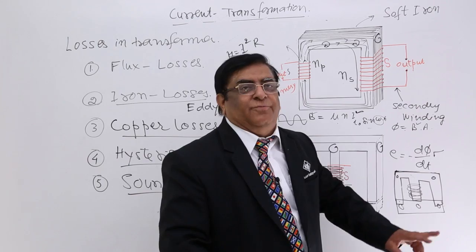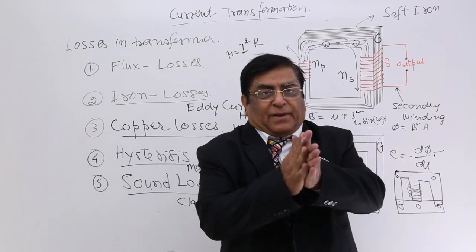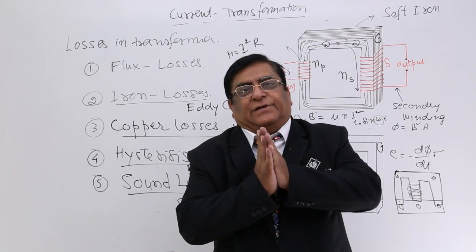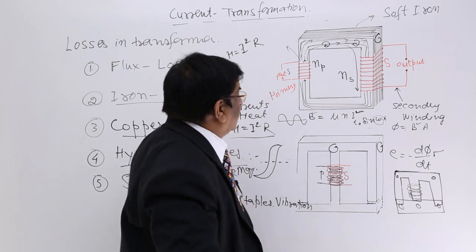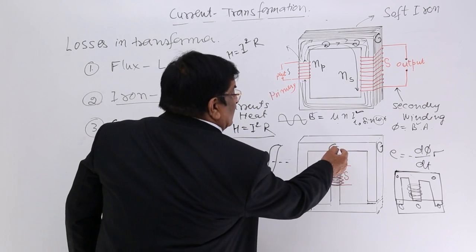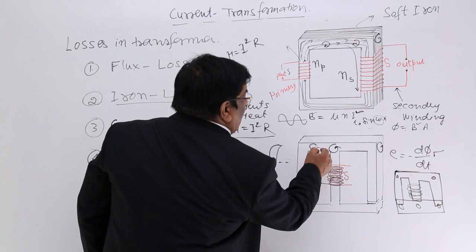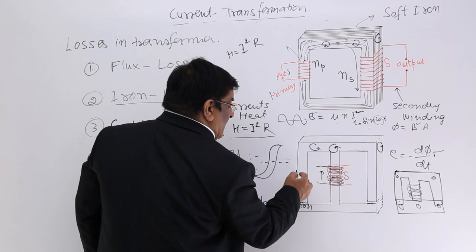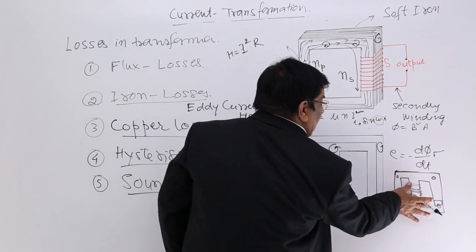So what is the use of making so many staples? Answer: each of these staples is varnished, and after varnish, they are joined together. That gives them resistance, which decreases the eddy currents. It will not allow eddy currents to form like this. Because of this E shape, what happens?